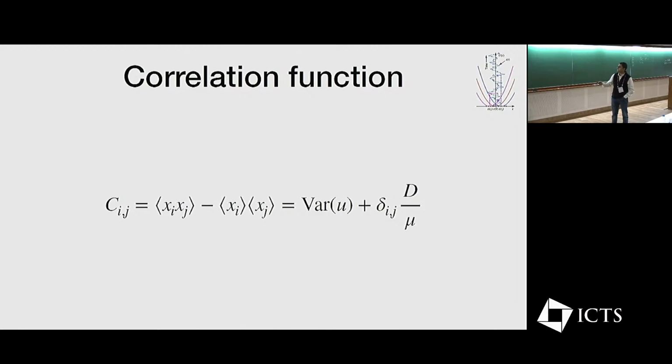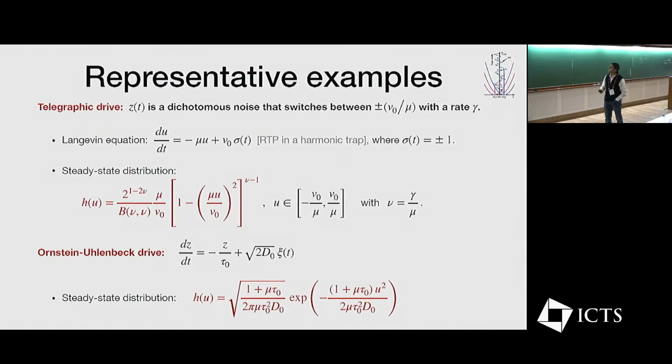What you find is that you have a positive correlation for all-to-all particles. A representative example is telegraphic noise. For example, you can have a trap which just moves between two positions, and the time between switches is drawn from an exponential distribution. In that case this equation is the same as that of a run-and-tumble particle in a harmonic oscillator, and you know the steady state.